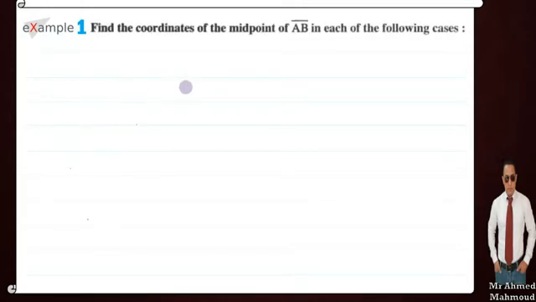Find the coordinates of the midpoint of AB. Number 1, A equals (3, 5), B equals (7, 1). As we studied in the last lesson, x1, y1, x2, y2.